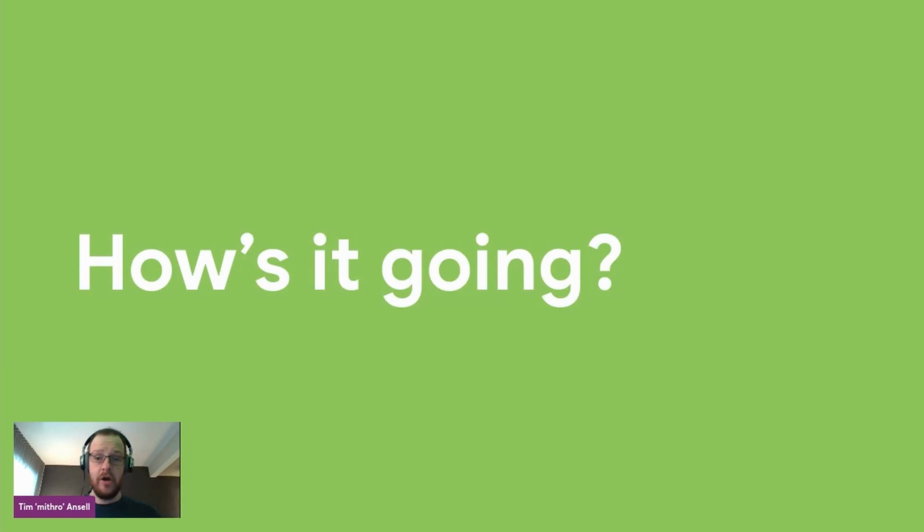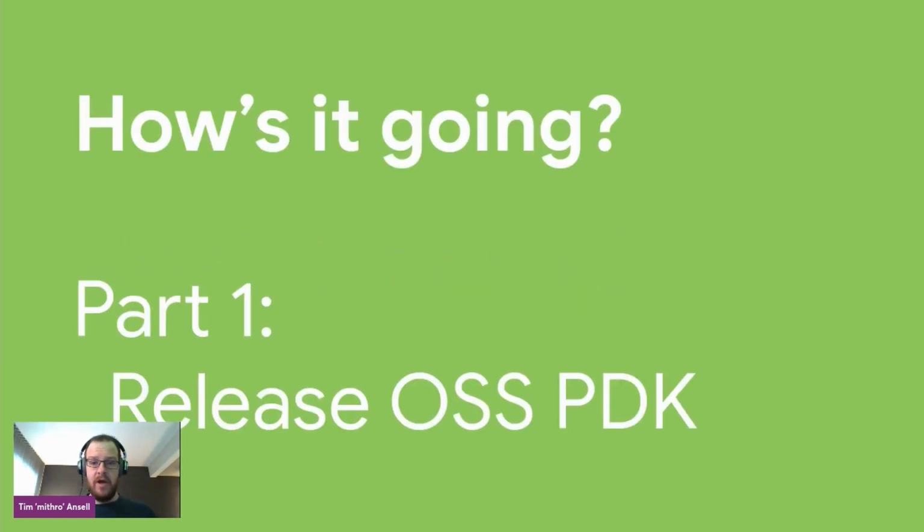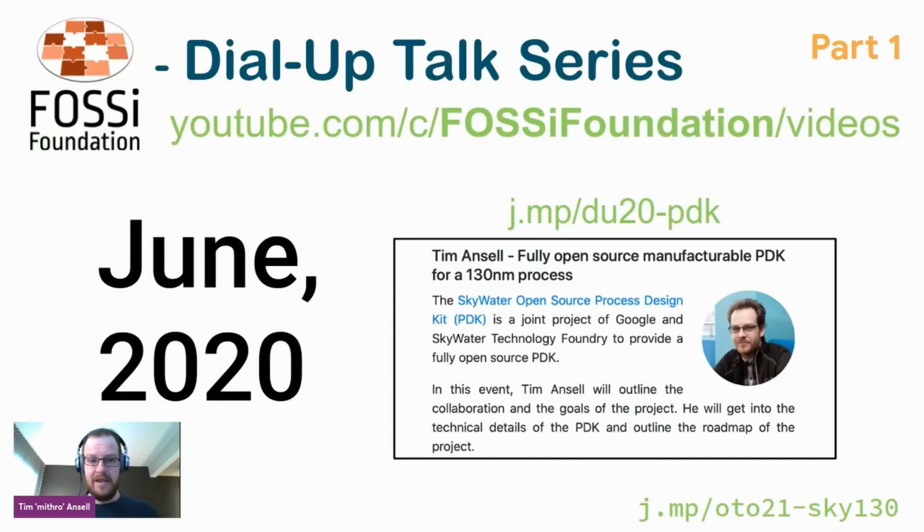So how's it going? Well, part one was getting this PDK, or a PDK that was manufacturable, released. And experts in the industry told me this would never happen. You would never be able to succeed at doing this. And then in June 2020, I surprised everyone with this open source PDK.